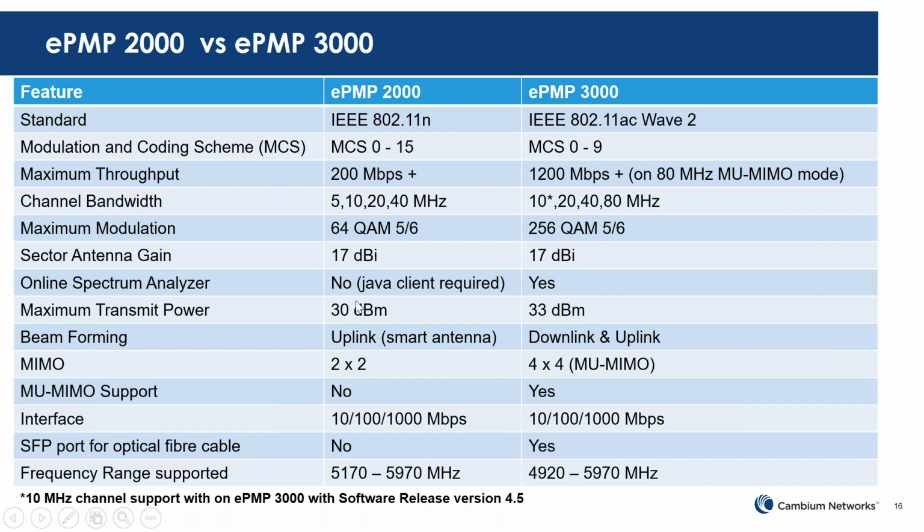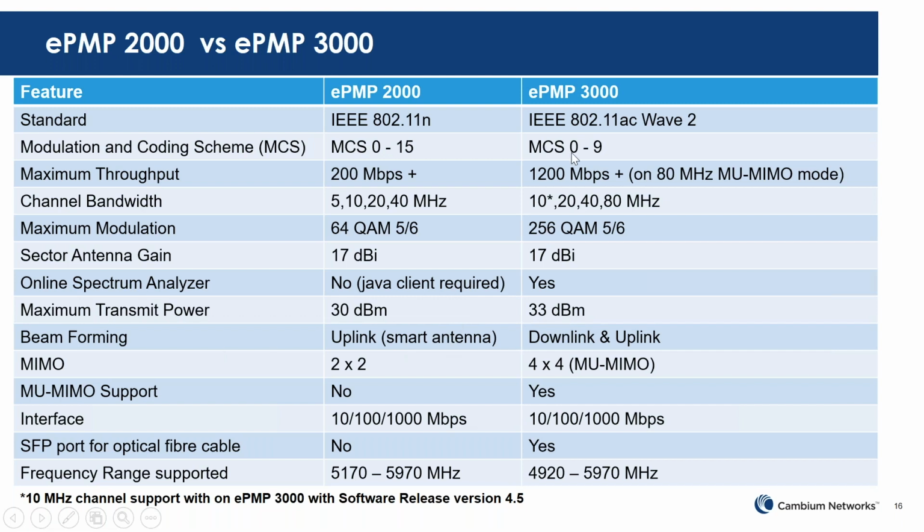Antenna gain 17, the same. Like I mentioned, you don't require any Java clients to run the spectrum analysis. All you need to do is log into ePMP 3000, enable the spectrum analyzer, do your analysis, and disable it when you are done. We also added a 3 dB gain on the ePMP 3000 by increasing the maximum transmit power to 33 dBm.